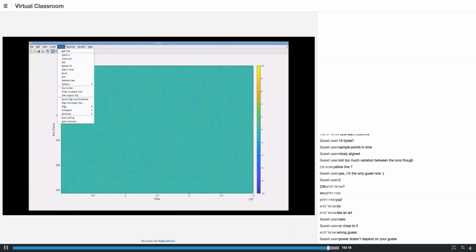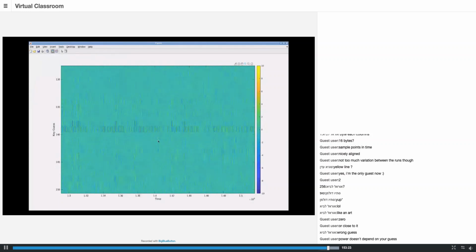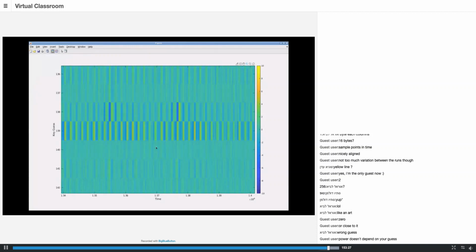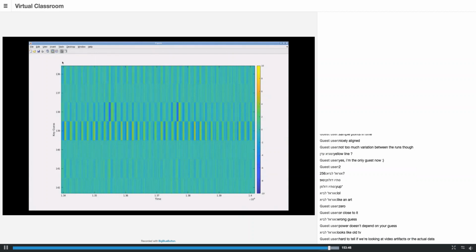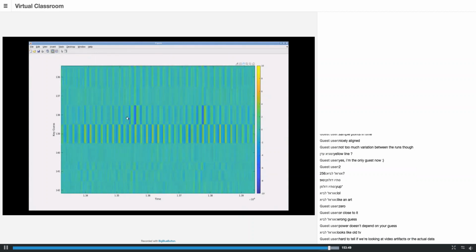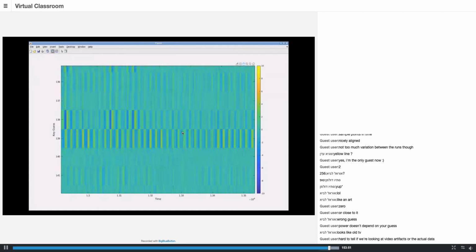Why don't I get the zoom? I think it's this one. I'm not sure. You see it? You see that? How do I do it? I don't remember. There's supposed to be a box. So you see, there is an area here. Let's do the pen. So look at key guess 139.